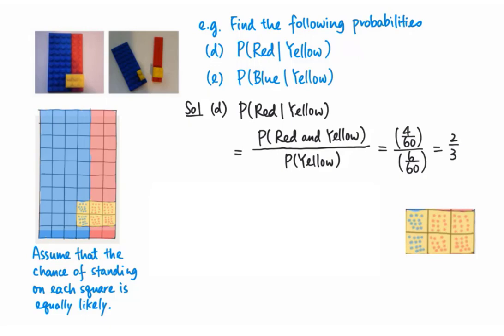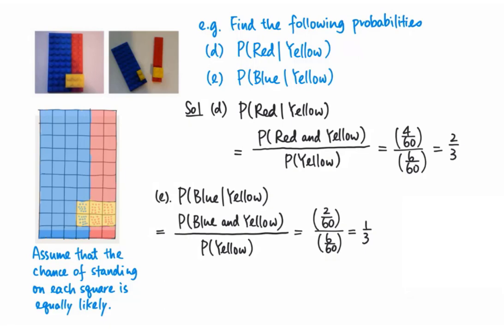And among these 6 squares, we want to find how likely it is that this also has red color on it. So among these 6 squares, only 4 of them also have red color on it. So the probability will be 4 over 6 because each square comes out equally likely. Therefore, the probability is 4 over 6, which gives 2 over 3.